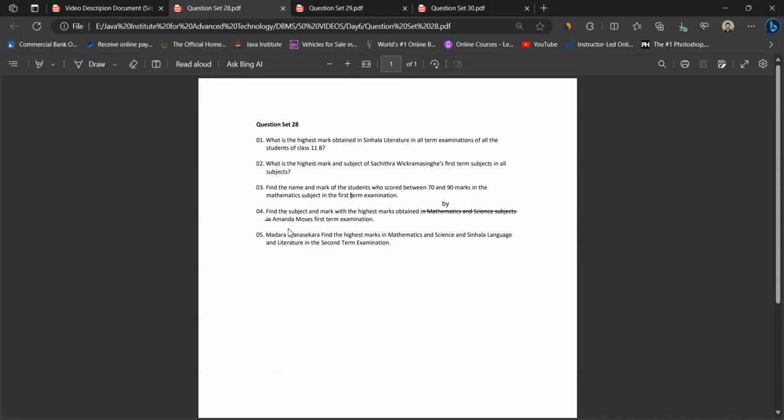The last question: Madara Vanasekara, find the highest marks in mathematics, science and Sinhala language and literature in the second term examination.